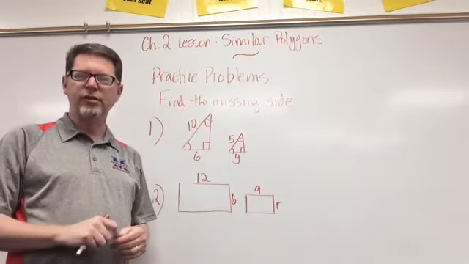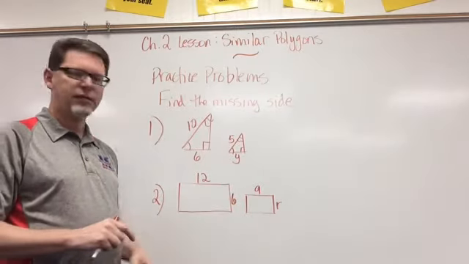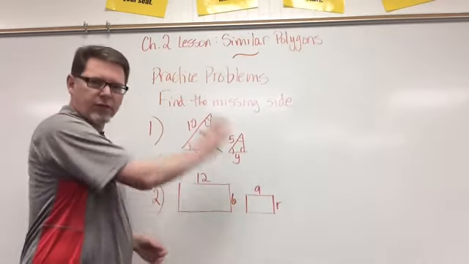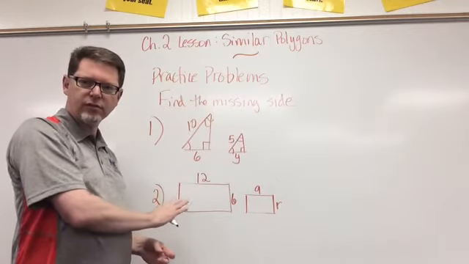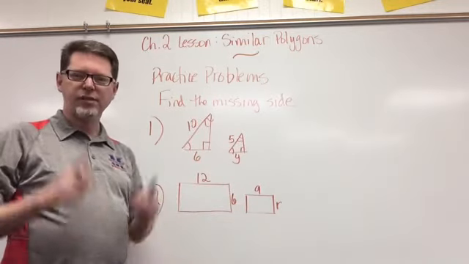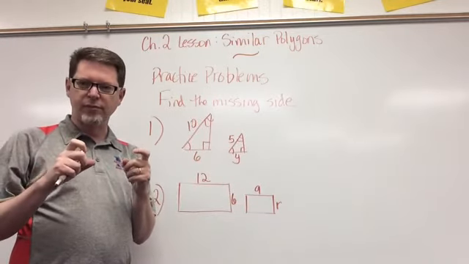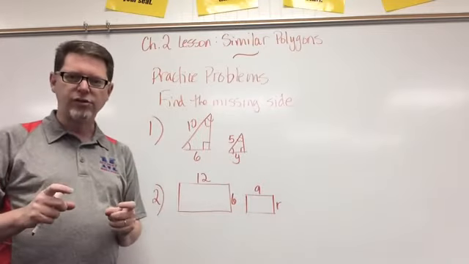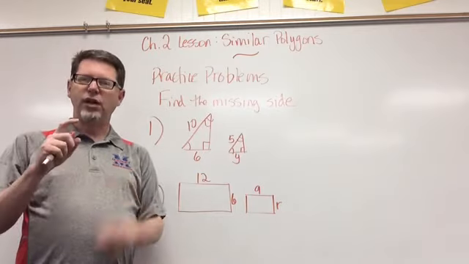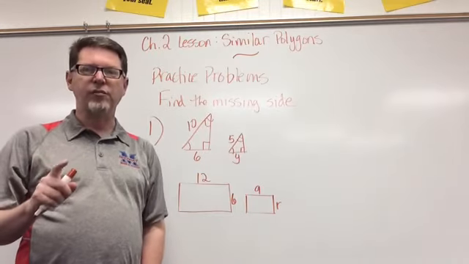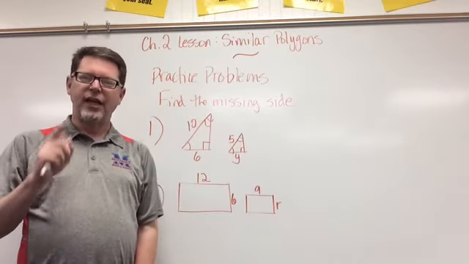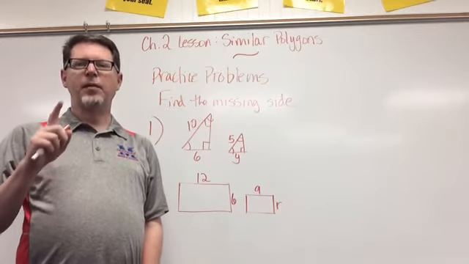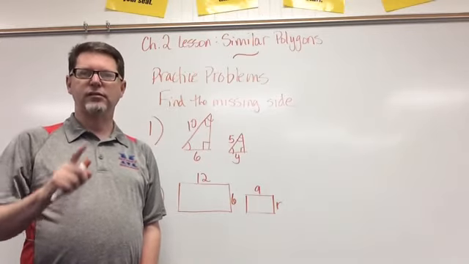Set up a proportion to solve for the missing side. Remember, show all of your work right here on your composition book. When you're finished with your practice problems, take a picture of the practice problems, make sure it's clear. You make sure you use your iPad camera so that you can submit it using the turn-in button in Edmodo. And I need all of those submissions before class starts Monday.